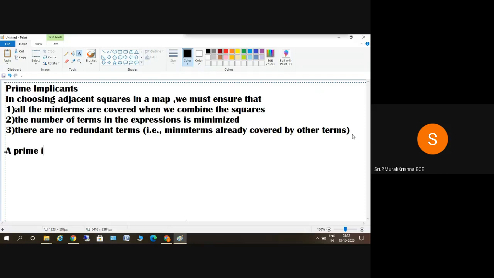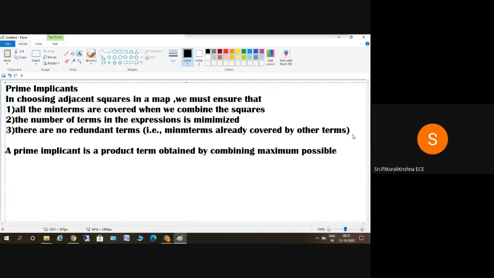A prime implicant is a product term obtained by combining the maximum possible number of adjacent squares.